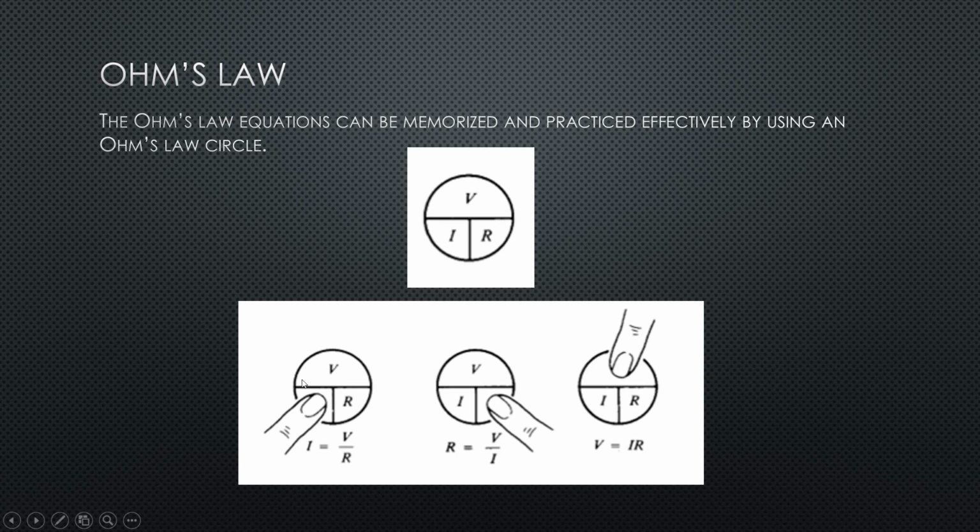Covering I gives you V all over R. Then covering R, as you can see, voltage all over I. And covering V, that is solving for V, is equivalent to IR. You can use this Ohm circle if you want.